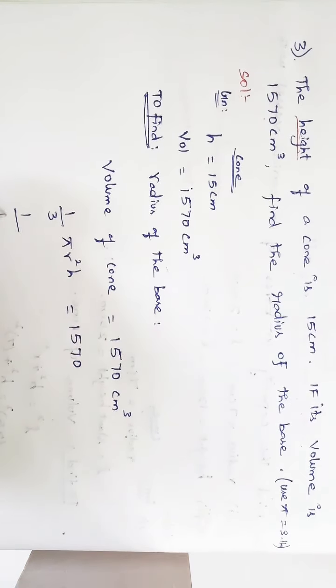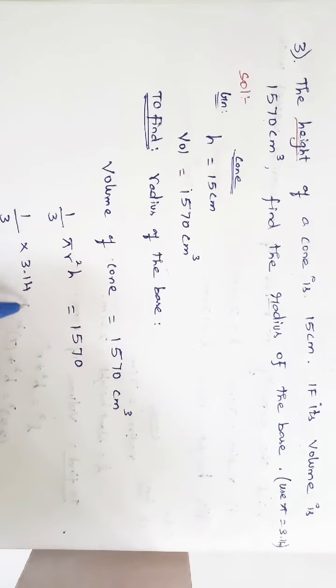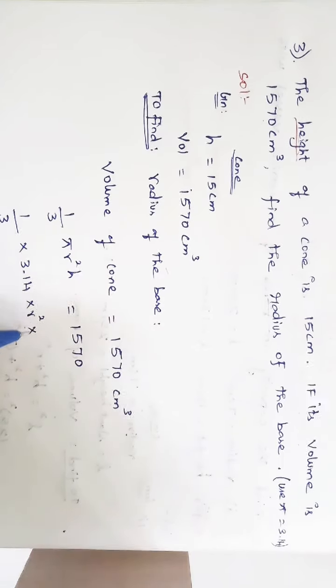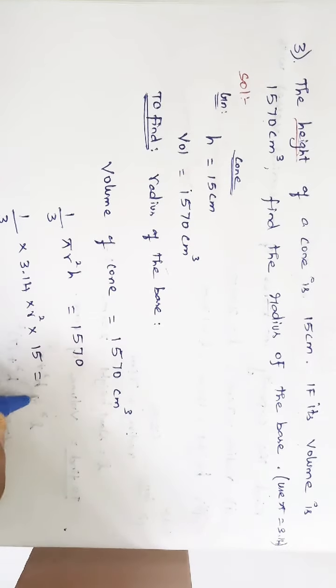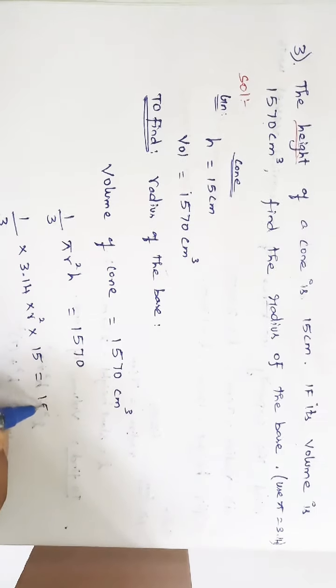So 1 by 3 into pi value 3.14 into r square into h, the height of the cone, 15 centimeter, is equal to 1570.